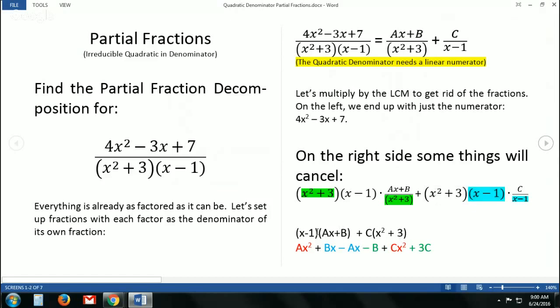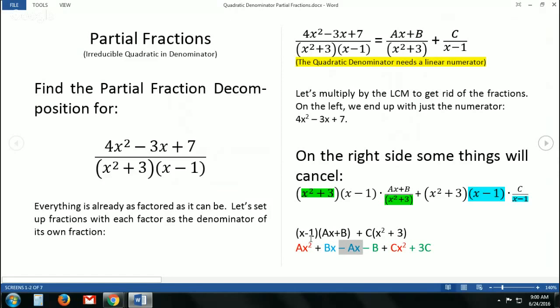Well, as we do our multiplication, the first part that was left over, x minus 1 times ax plus b, is binomial times binomial and should be foiled. x times ax is ax squared. On the outside, x times b is bx. On the inside, minus 1 times ax is minus ax.